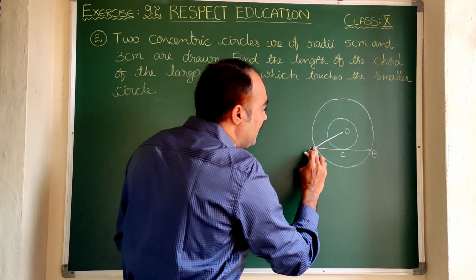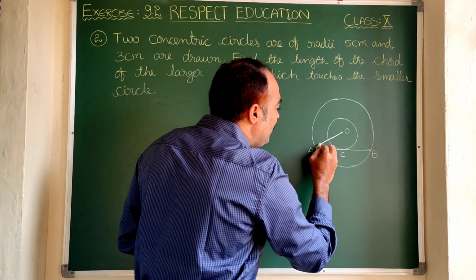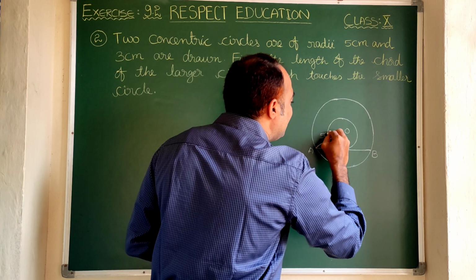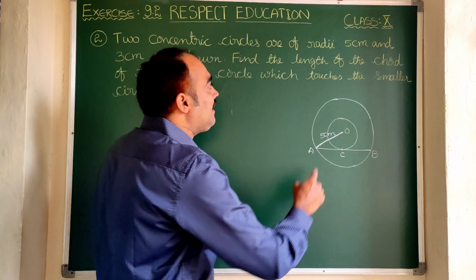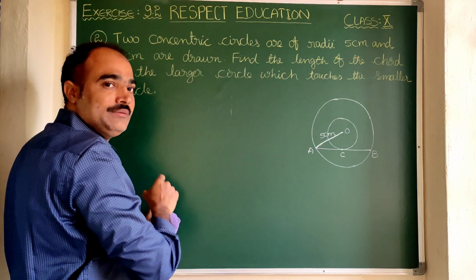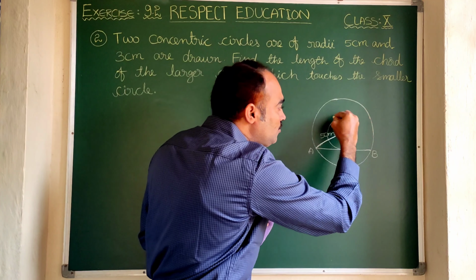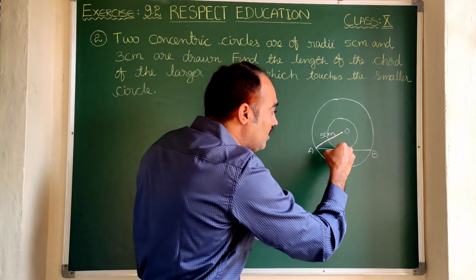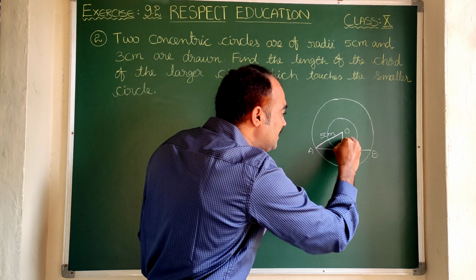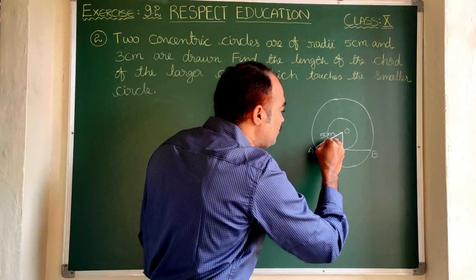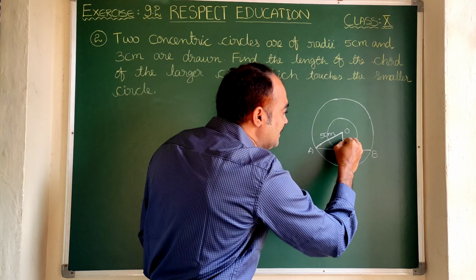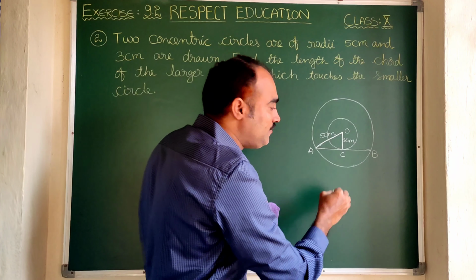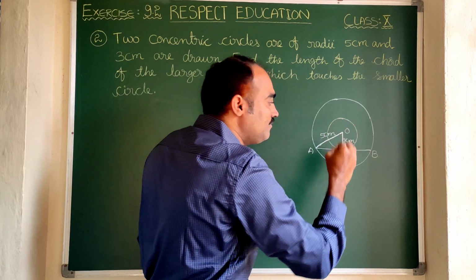So OA is 5 cm. Clear? And the radius of the smaller circle is 3 cm. For the smaller circle also you can join wherever you want, but according to this question, let us join OC. Here OC is the radius of the smaller circle, so this is 3 cm. As we know, the angle at C is 90 degrees, right?